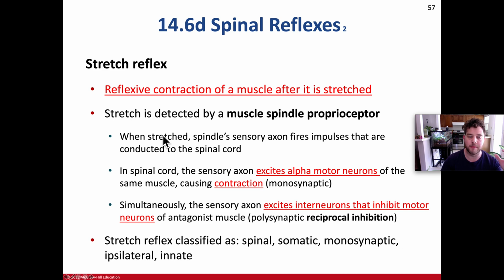So again, the intrafusal fibers are just within the extrafusal fibers of that muscle. So the sensory neurons wrapped around that muscle spindle and its intrafusal fibers will go to the spinal cord. As the entire muscle stretches, the muscle spindle stretches a little bit faster because remember those gamma motor neurons have the muscle spindle taut. So as your muscle stretches, that muscle spindle fiber will continue to send these sensory signals back up to the spinal cord.